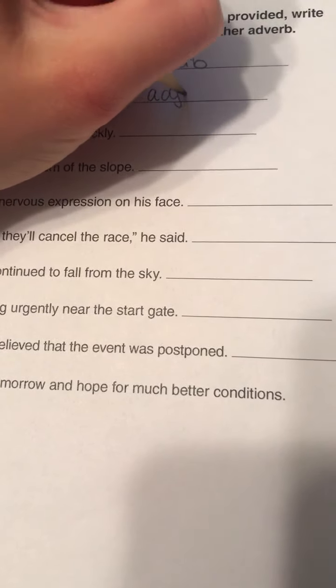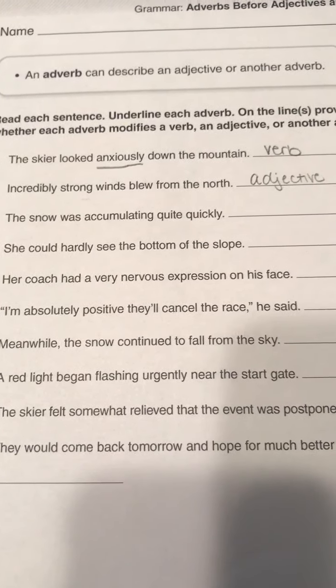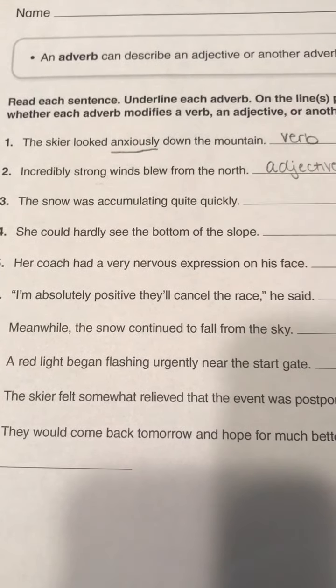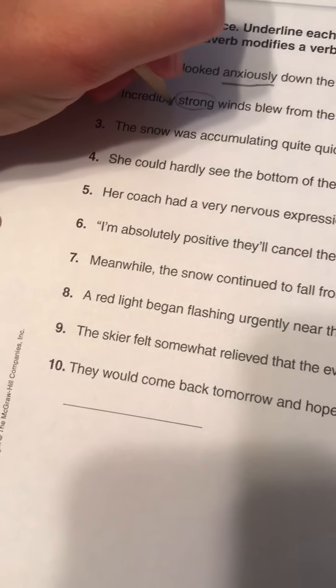And remember, adjectives define nouns. So they tell like how much, how many, what color, what shape, all of those things. So what the adjective happens to be is strong. Okay, the winds were strong. What kind of winds? They were strong. That's the adjective. The adverb then is incredibly. They were incredibly strong.